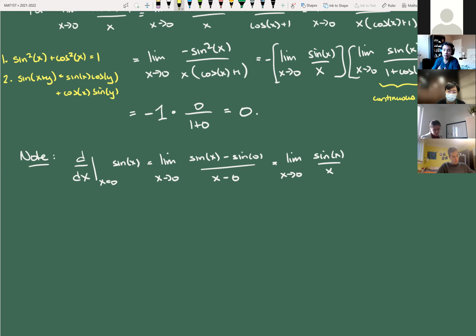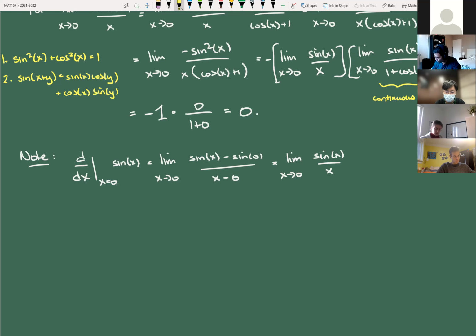Okay. So does everyone see this? Yes, Yoanji, we proved that cos x was continuous, and that cos of 0 is 1. So the limit as x approaches 0 of cosine x is equal to 1. Okay, so does everyone see this?